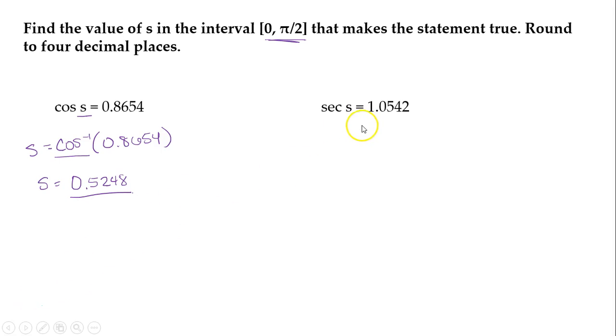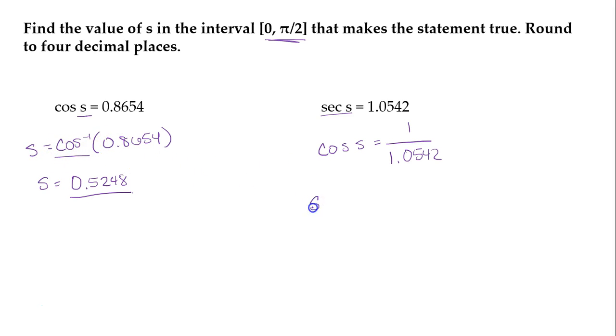Okay, here we go. On this one, since we have a reciprocal function here, rewrite it in the form of your reciprocal function of this, which is cosine. Cosine of s is equal to 1 over this number. Okay, so now do the same thing we did here.